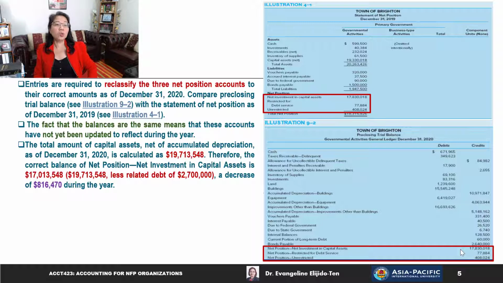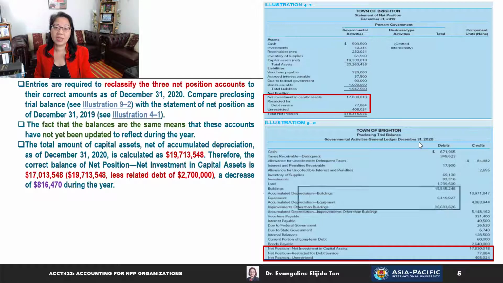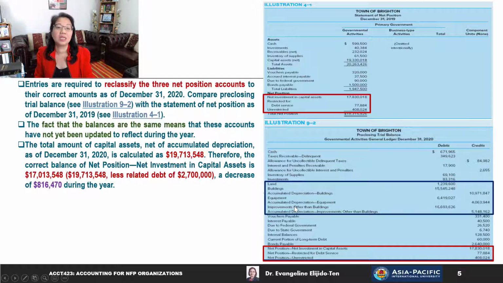So the total amount of capital assets net of accumulated depreciation as of December 31, 2020 is calculated as $19,713,548. Where do we get that figure? If you total up the balances of the four different types of assets that we have: the capital assets, land, buildings, equipment, and improvements other than buildings.